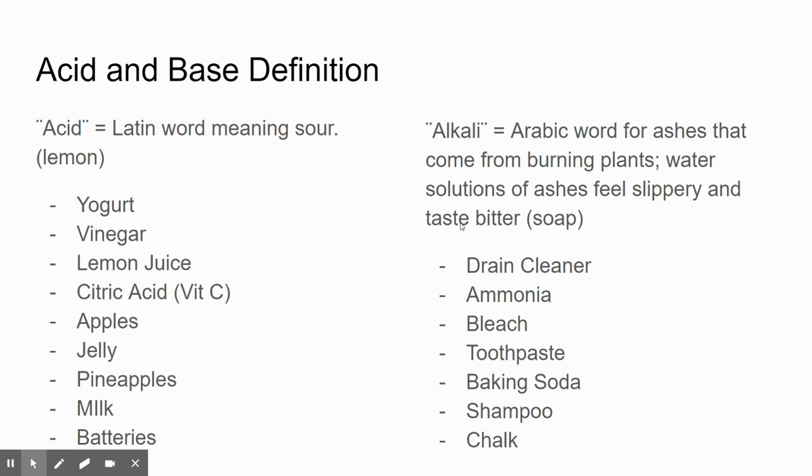We don't do that nowadays. You definitely do not just taste random chemicals, right? But most acidic things have a sour or tart taste to them. So things like yogurt, vinegar, lemon juice, citric acid, apples, jelly, pineapples. Milk is actually acidic, and batteries.